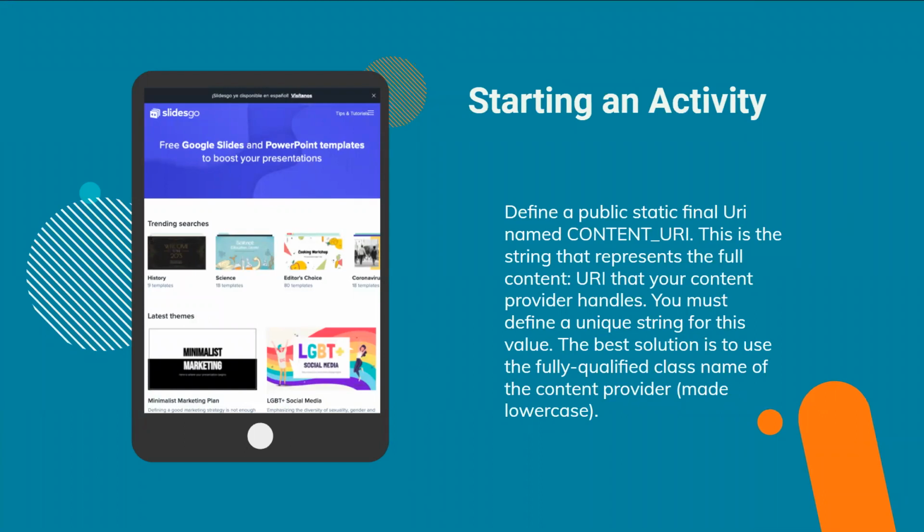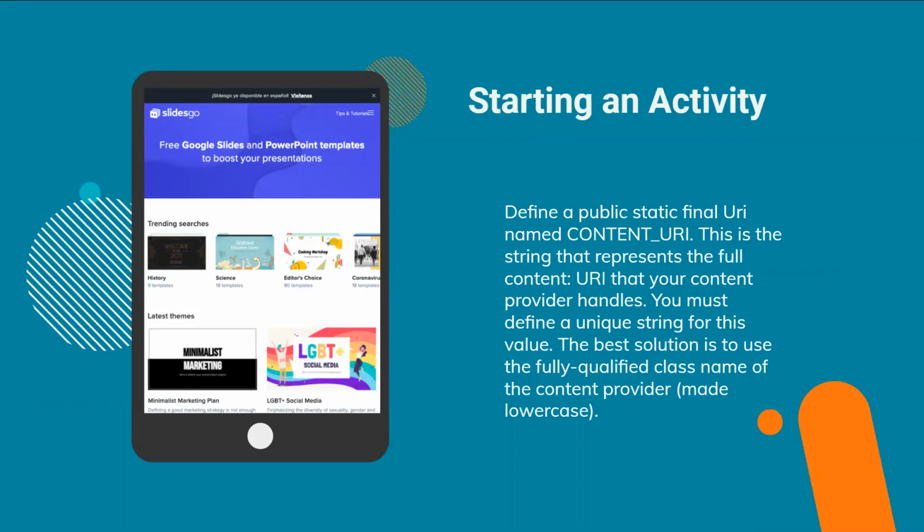Starting an activity. Define a public static final URI named CONTENT_URI. This is the string that represents the full content URI that your content provider handles. You must define a unique string for this value. The best solution is to use the fully qualified class name of the content provider.